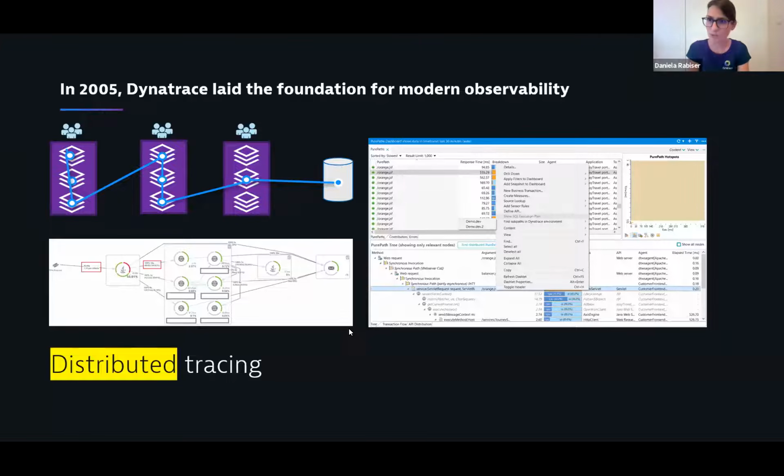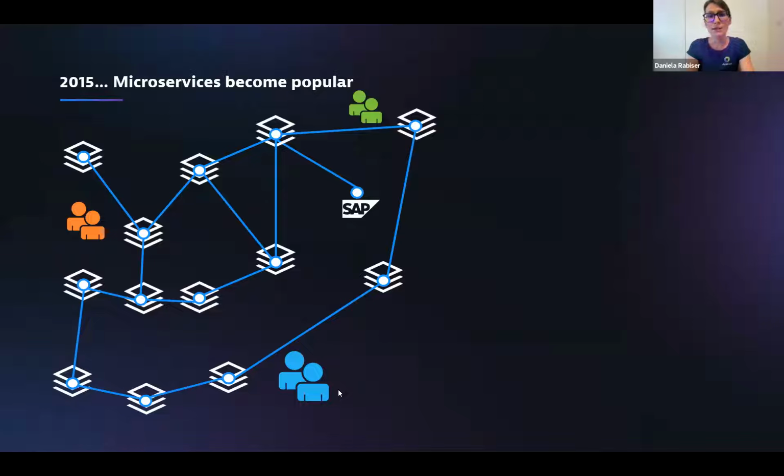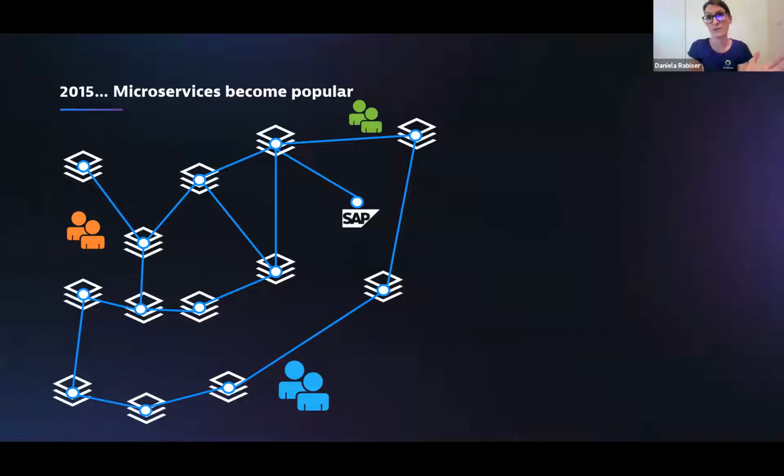It was all about distributed tracing, and this was PurePath version 1, already providing observability. And back then, developers were mostly still using local tracing and debugging for their monolith, but for operations teams, this was clearly a lifesaver.